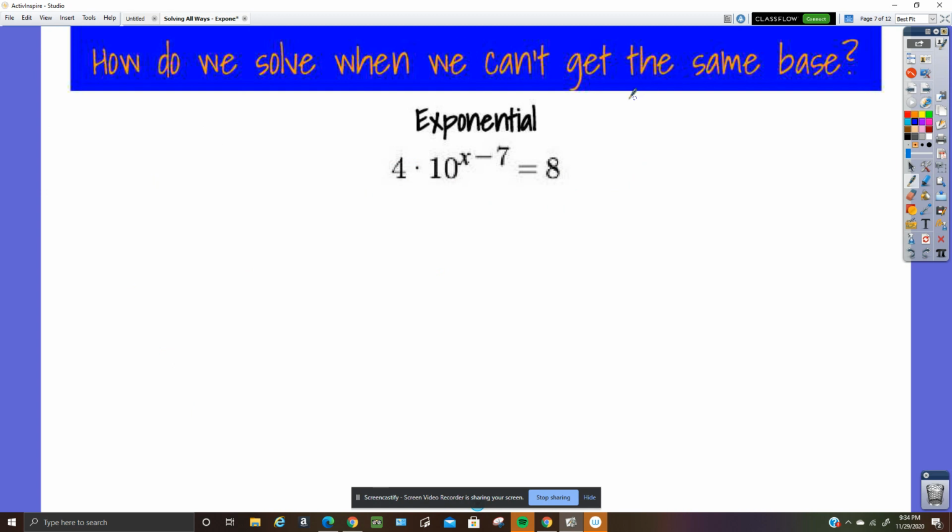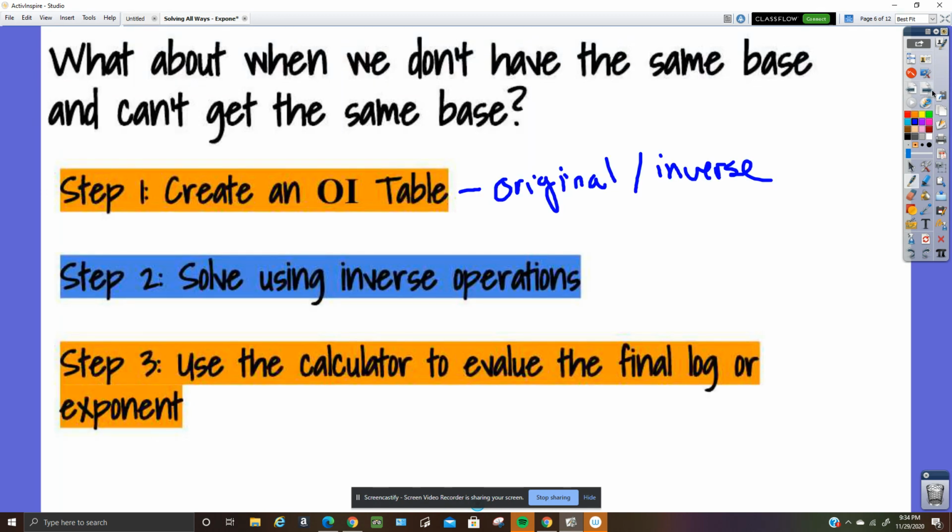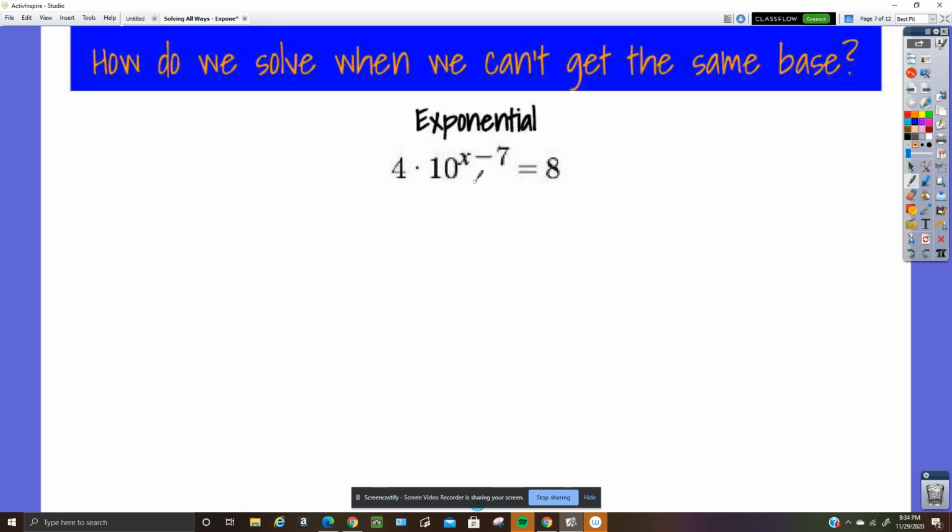So how do we solve when we can't get the same base here? What I said is to isolate this exponential, so the first thing you do is divide by 4. You have 10 to the x minus 7 equals 2.